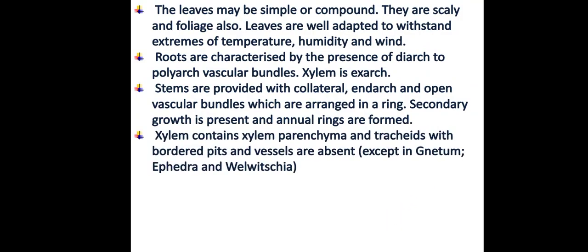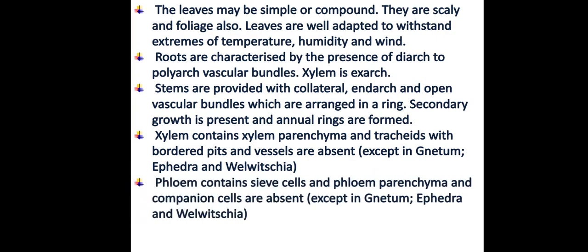Xylem contains xylem parenchyma and tracheids with bordered pits, and vessels are absent, except in Gnetum, Ephedra, and Welwitschia. Phloem contains sieve cells and phloem parenchyma, and companion cells are absent, except in Gnetum, Ephedra, and Welwitschia. These are exceptions.